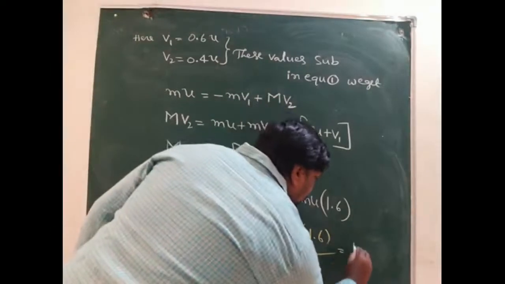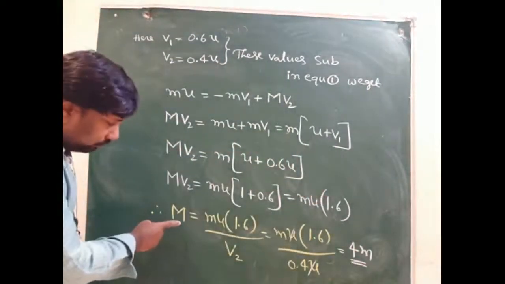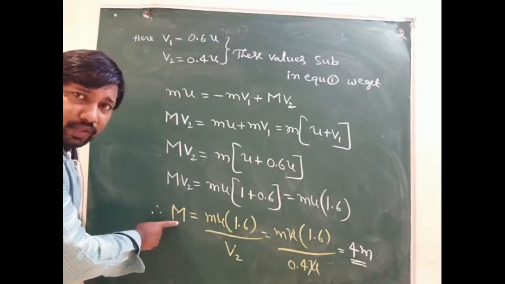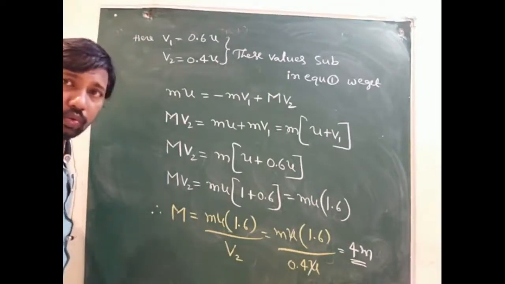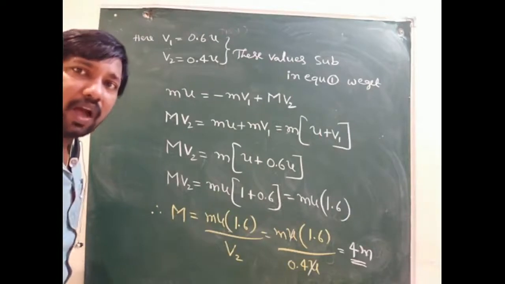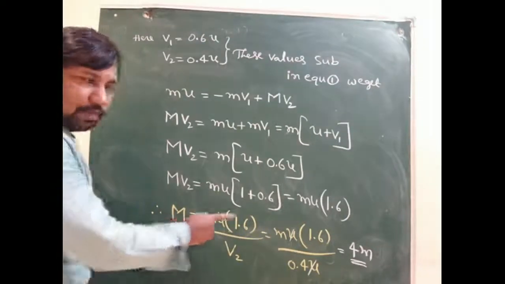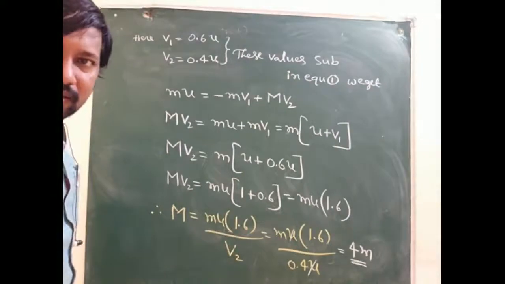So the mass of the nucleus is 4 times greater than the alpha particle, capital M equals 4m. This is the answer. Thank you.